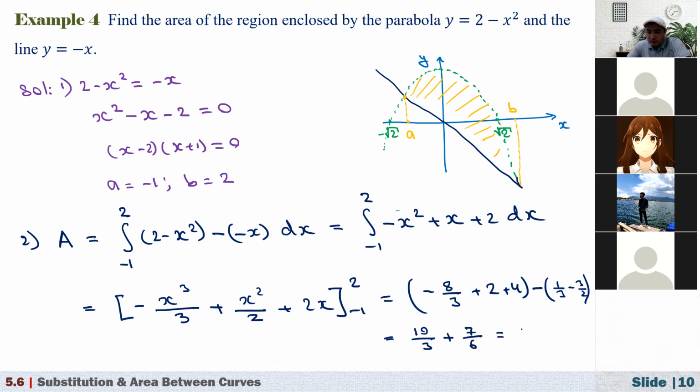That's equal to 27 over 6, or dividing by 3, 9 over 2. So the area of the region which is enclosed by these two curves is equal to 9 over 2.